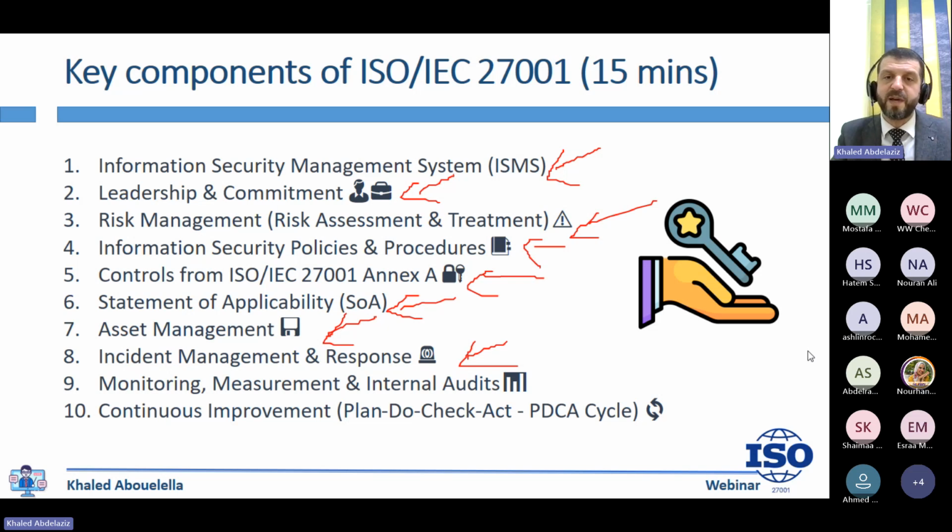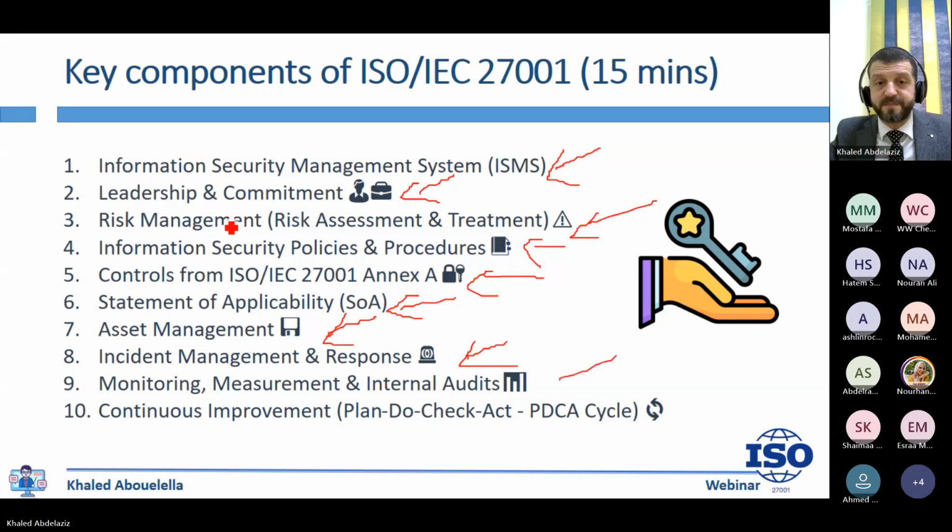What should we do in the case of incidents? Starting from detection, reporting the incident, containment of the incidents, and responding to the incident effectively. And when I talk about incidents, I'm talking about security incidents.